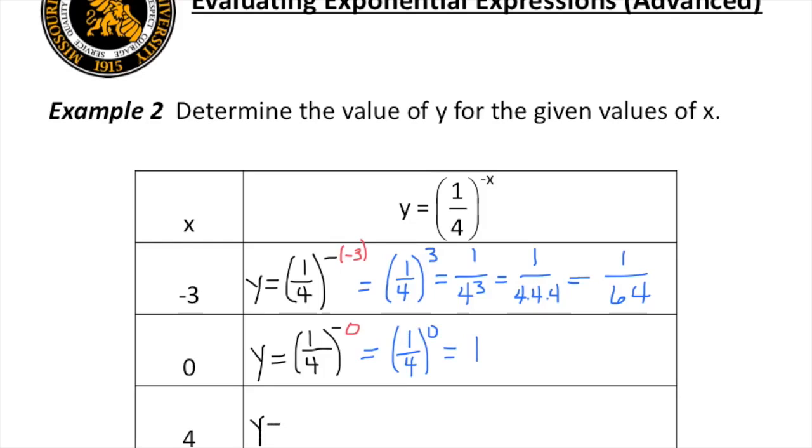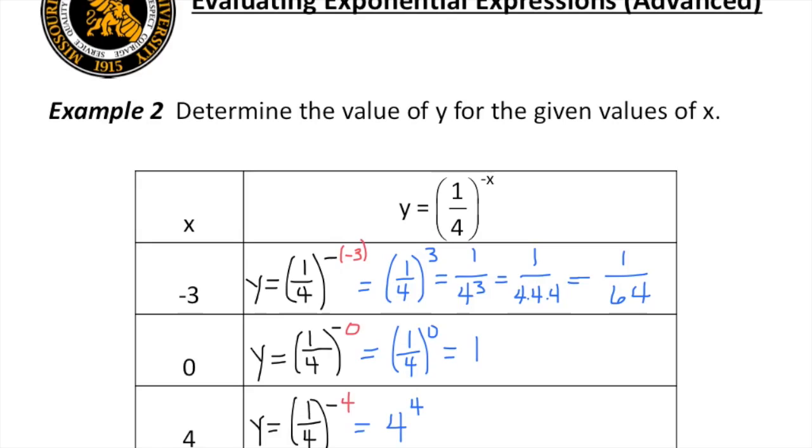Finally, evaluating this equation at 4, we have 1/4 to the -4 power, and the -4 power tells us that we can rewrite this expression as 4 to the +4 power.